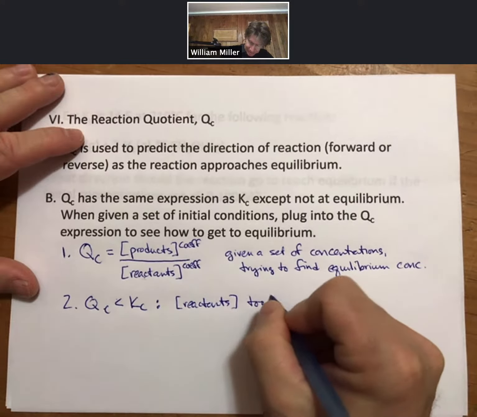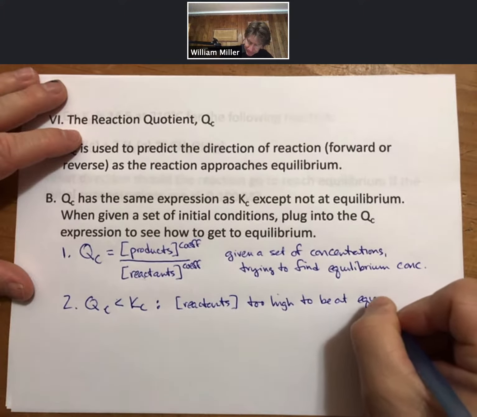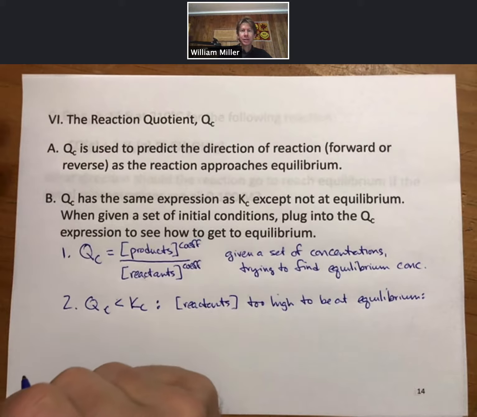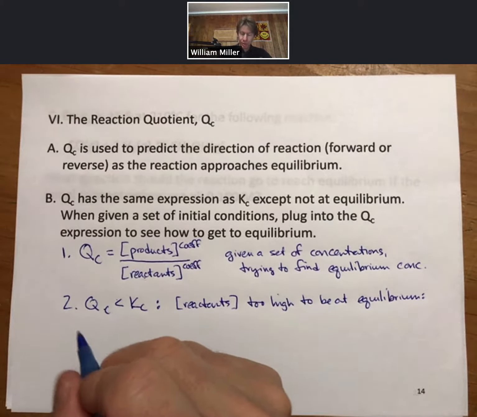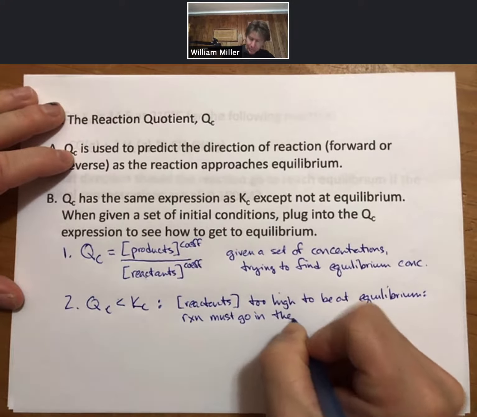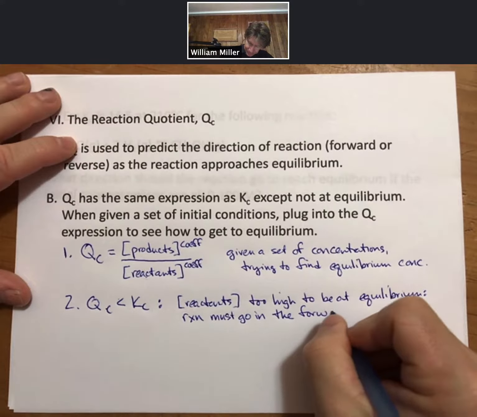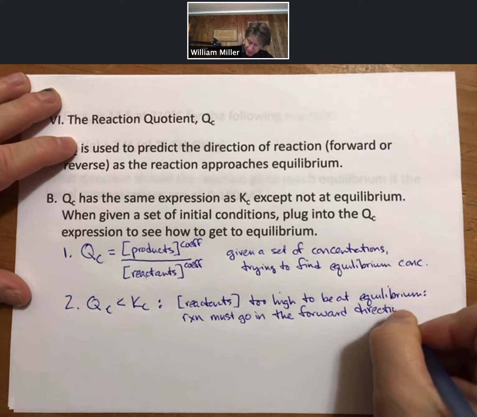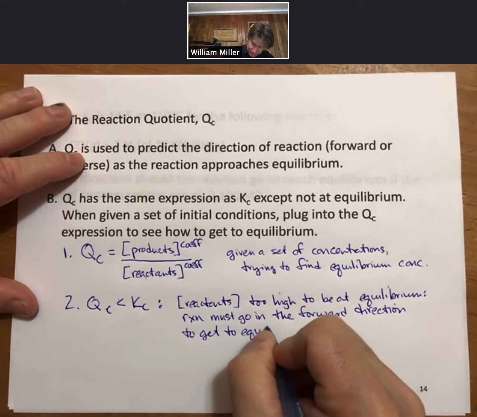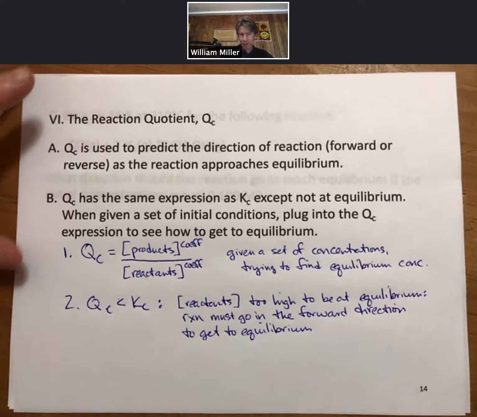The reaction must go in the forward direction to get to equilibrium, because all reactions are trying to get to equilibrium, because equilibrium is the lowest energy position for the reaction.